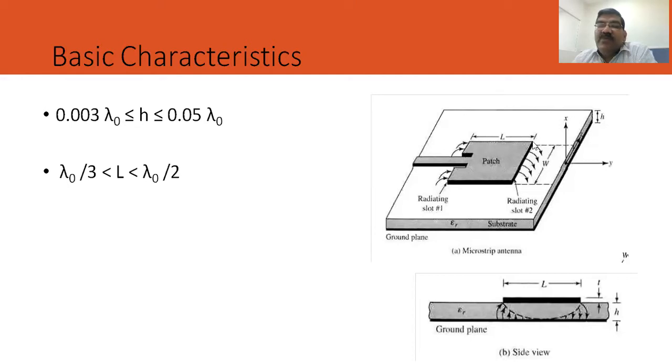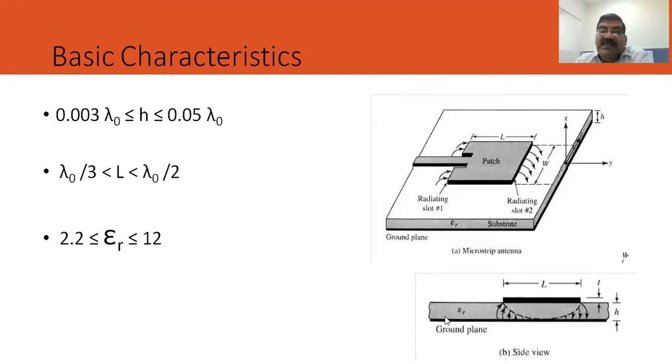This length of the antenna is in the range lambda by 3 to lambda by 2. Based on various combinations, the RF designer chooses lambda in this range, so again it is frequency dependent. Epsilon value is 2.2 to 12.